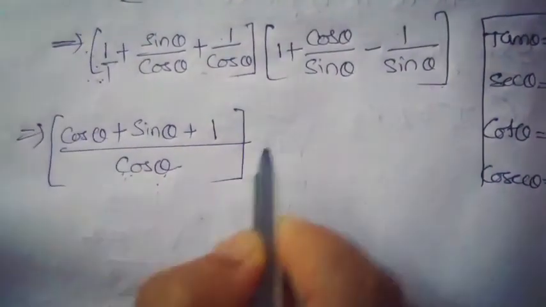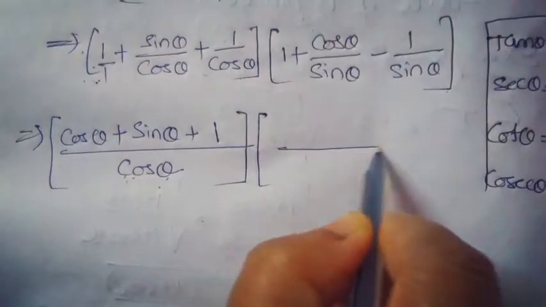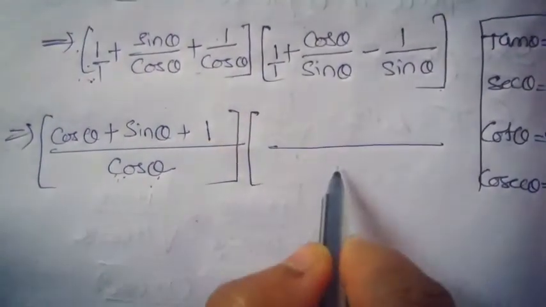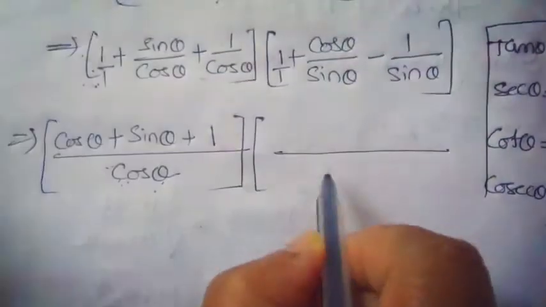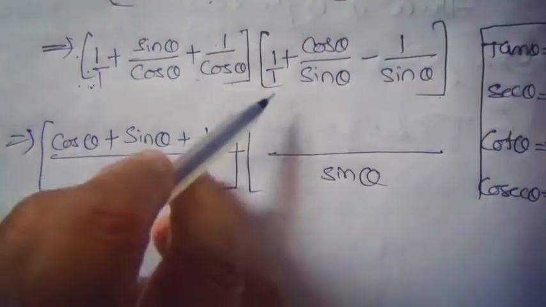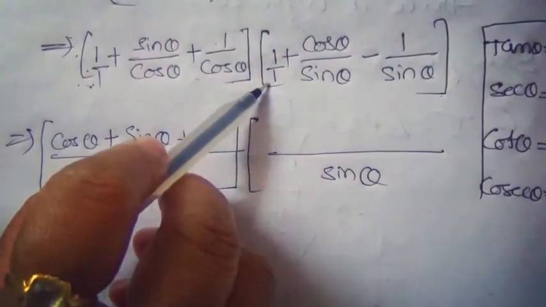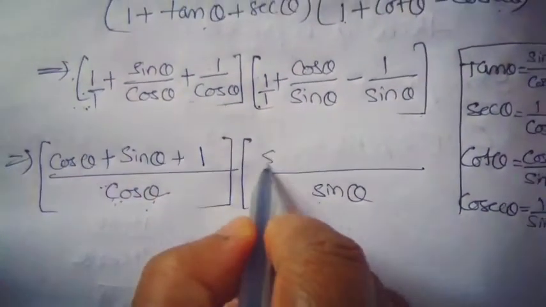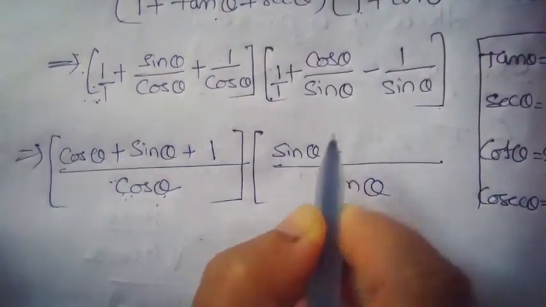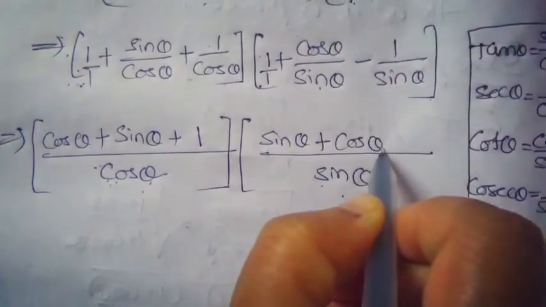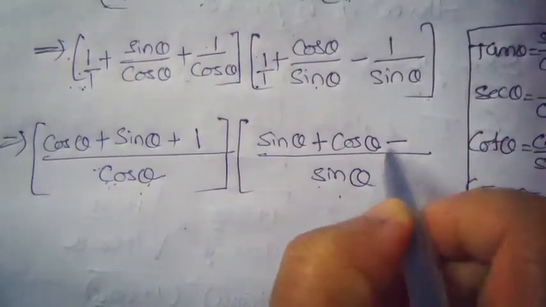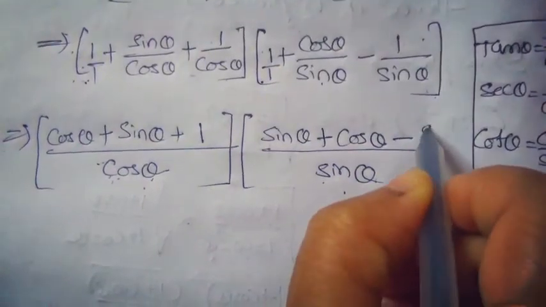Okay, first is finished. Second one, take the LCM just like the first. In the denominator no sin is there, so sin theta into 1, sin theta, plus cos theta, minus 1, since sin theta is there in the denominator.